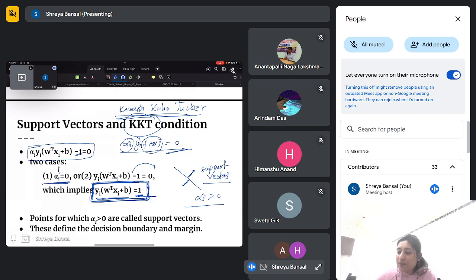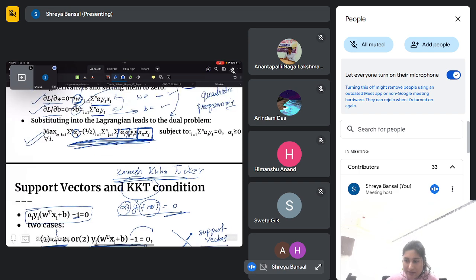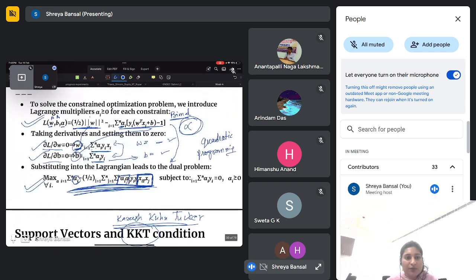Listen again. When we are getting this equation, we want to optimize it. We want to find the value of w and beta. We get the w and beta with the values of alpha I, yi, xi. yi and xi will be given to you, but what will be the value of alpha?